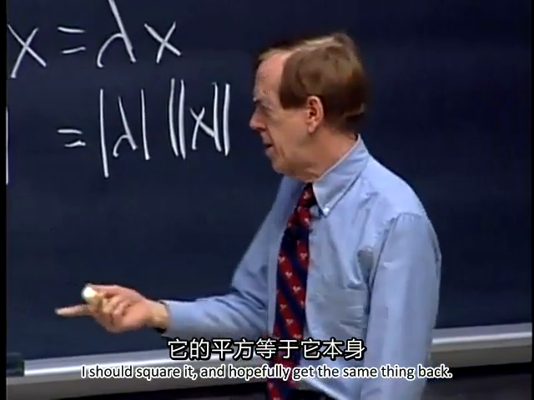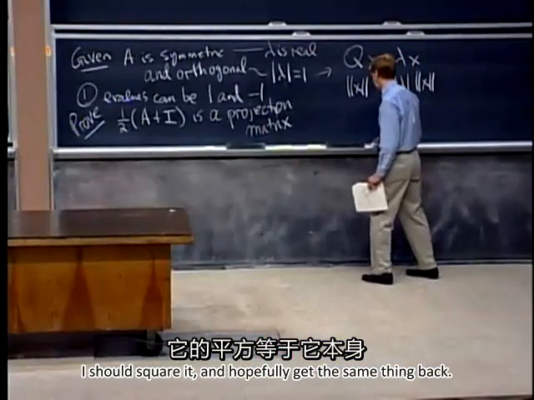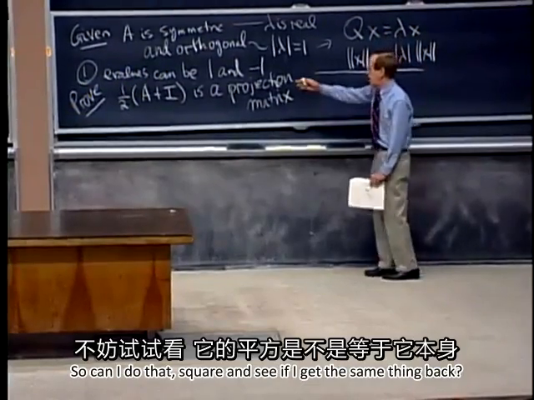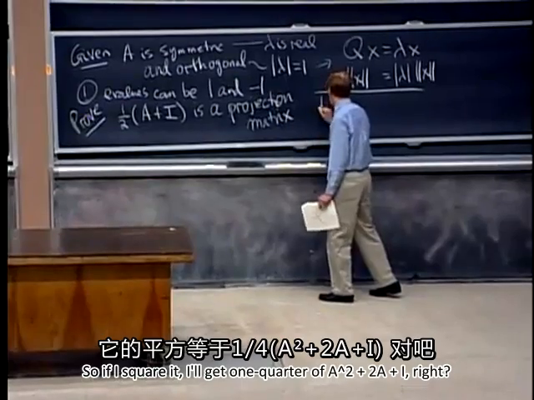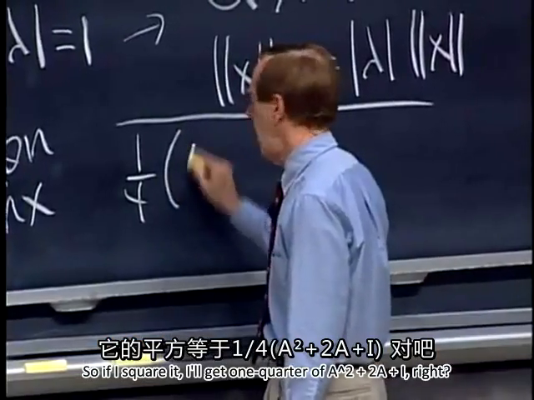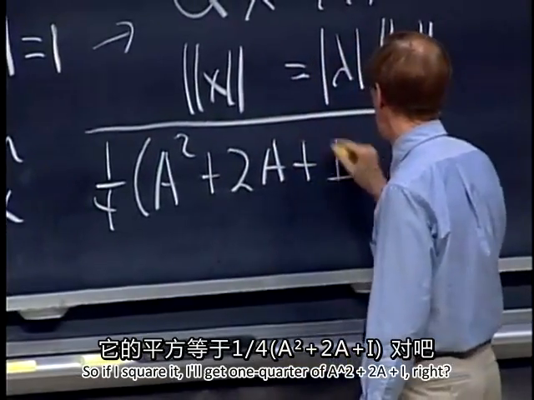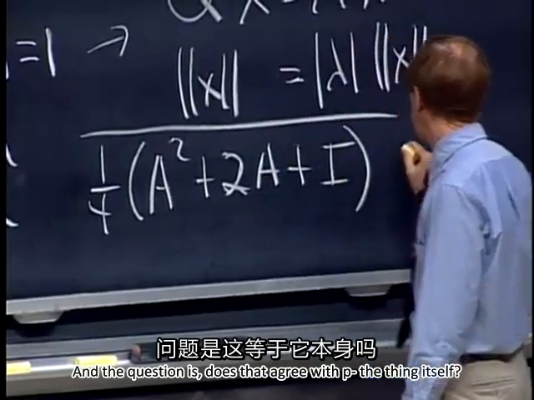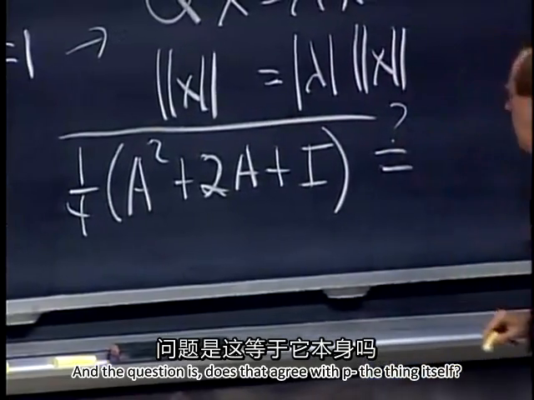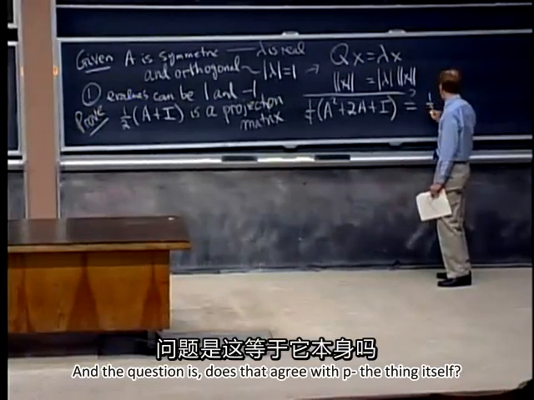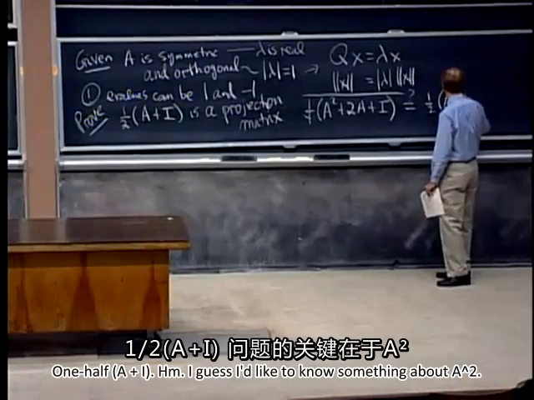I should square it and hopefully get the same thing back. So can I do that? Square and see if I get the same thing back? So if I square it, I'll get 1/4 of A squared plus 2A plus I, right? And the question is, does that agree with the thing itself? 1/2 of A plus I.